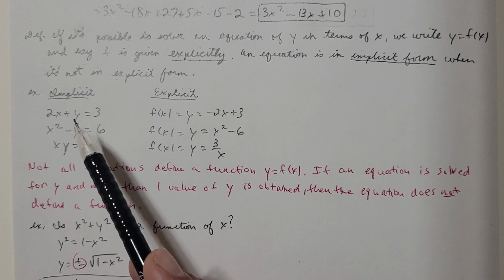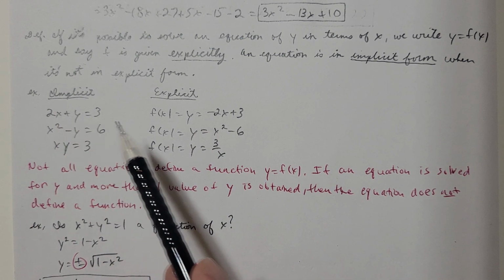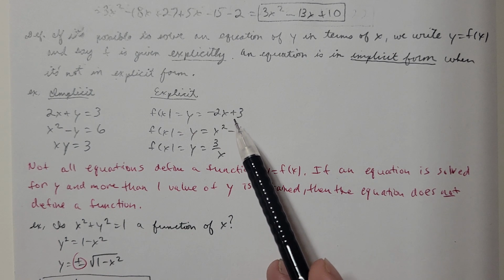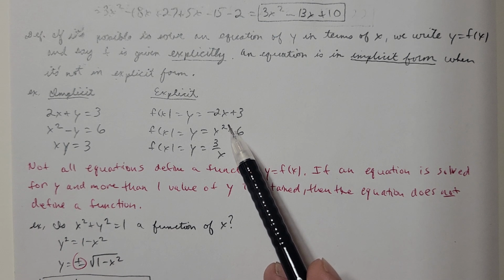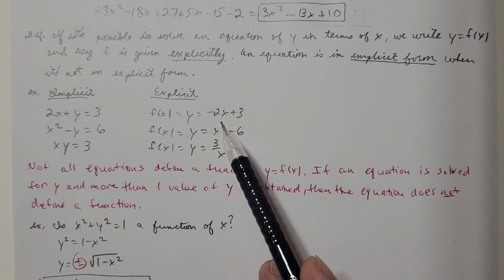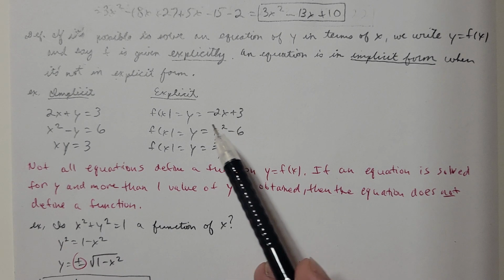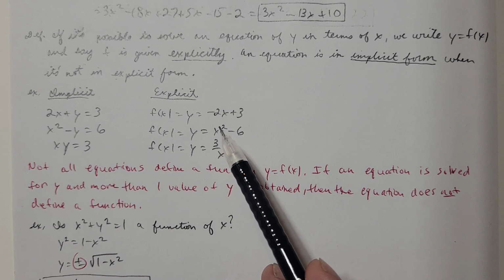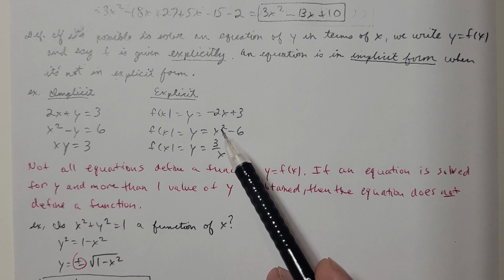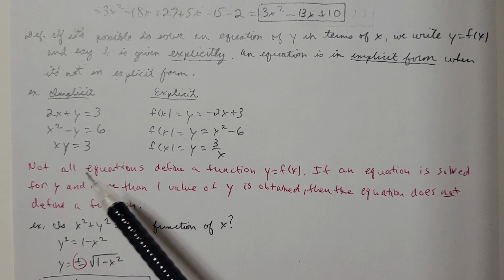So for this first equation, let's subtract 2x. So I get y equals negative 2x plus 3. Now I'm in explicit form. When you're in explicit form, y and f of x mean the same thing. So I could call this y equals negative 2x plus 3, or I could call this f of x equals negative 2x plus 3. That's the same thing.